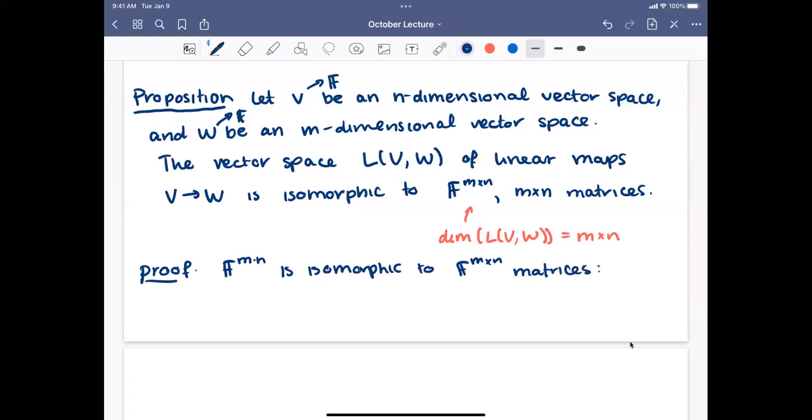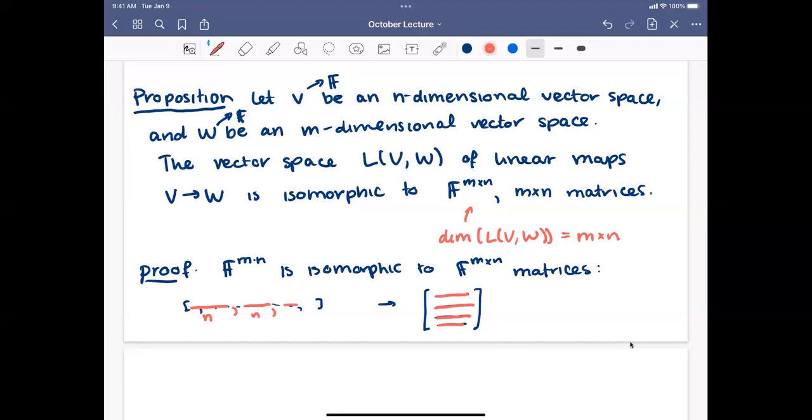I'll just draw a picture. If I had one really, really long vector, then I would rewrite this as a matrix filled with the first n elements, and then the next n elements, and so on.